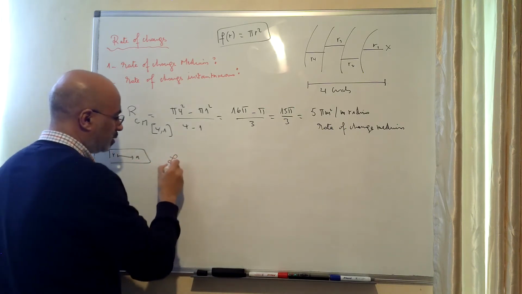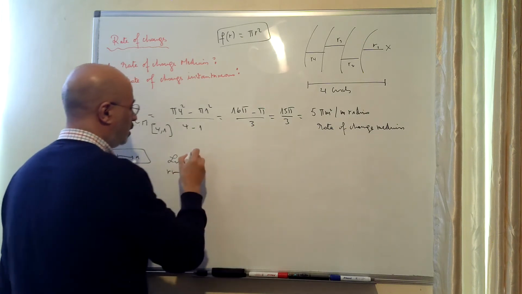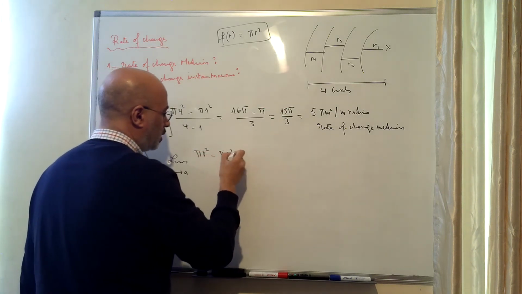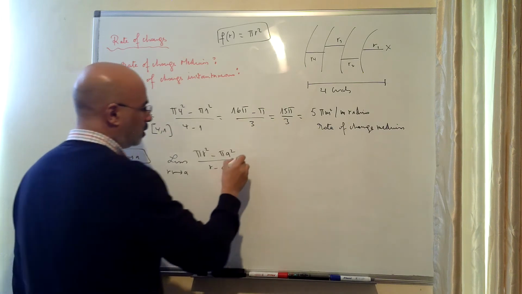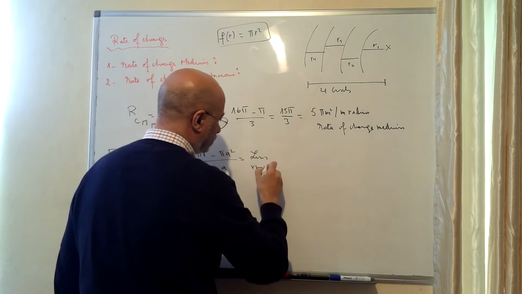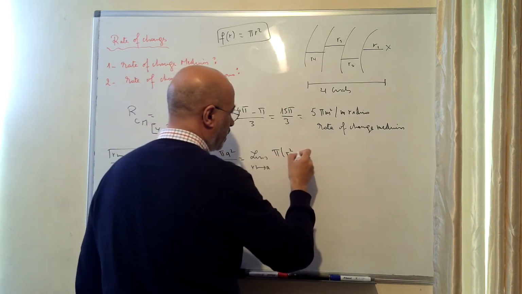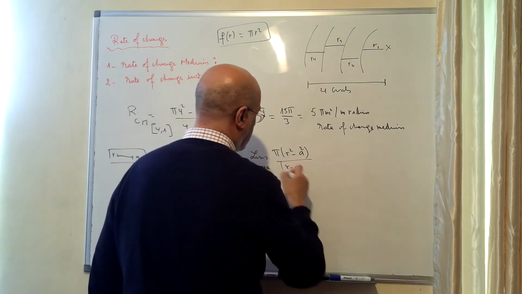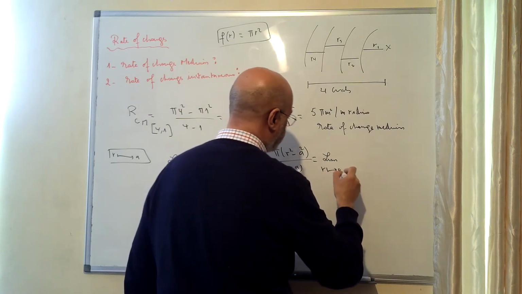So it's the limit as r tends to a of (pi r squared minus pi a squared) over (r minus a). It is our equation. So it's the limit as r tends to a of pi times (r squared minus a squared) over (r minus a).